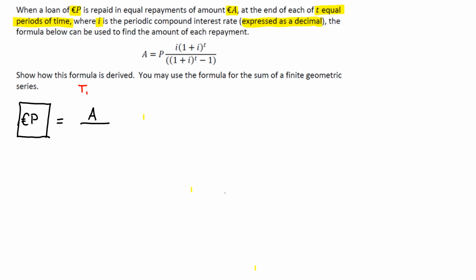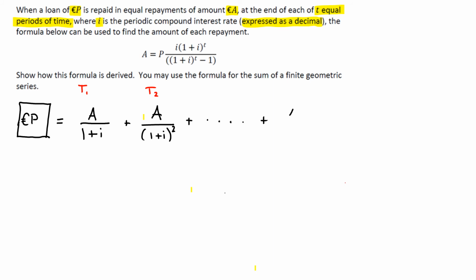That's called a present value. So because we're working backwards to that P, we're going to end up dividing it by 1 plus I. Plus T2, we're going to divide that by 1 plus I to the power of 2. So that's our term 2. Think of it as year 2. Think of it as whatever you want time period wise.